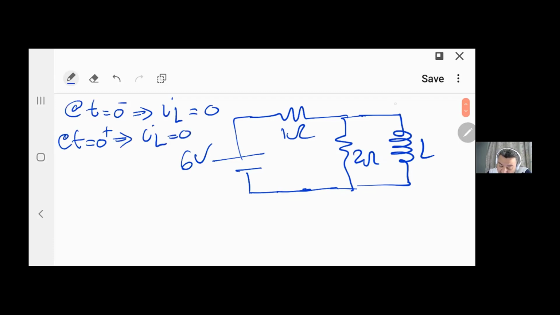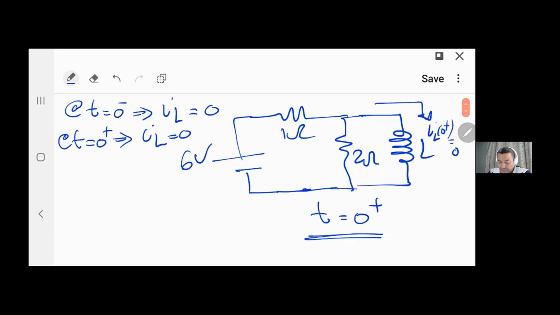This is the moment of 0 plus. I_L at 0 plus is 0. There is no current going into this inductor, which means the voltage across the inductor would be the same as the voltage across the 2 ohm resistor.